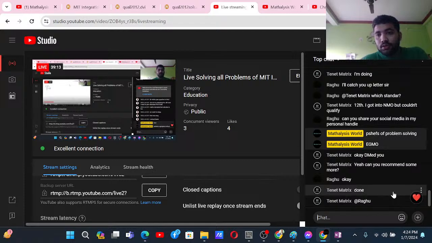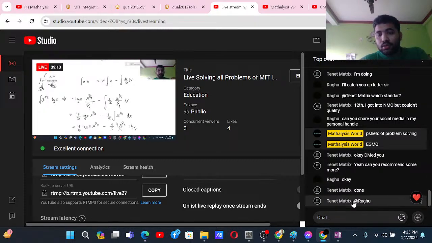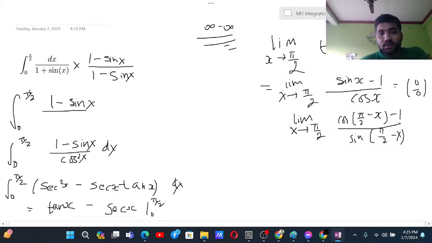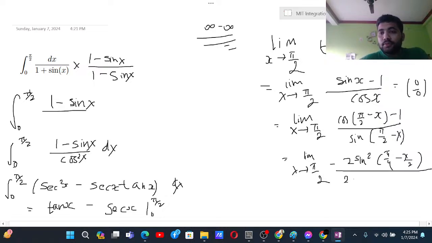Okay, did you just change sine into cos, or did you do it in the same way? So the limit as x tends to pi by 2, 1 minus cos x becomes 2 sin square of pi by 4 minus x by 2, over 2 sine of pi by 4 minus x by 2 times cos of pi by 4 minus x by 2.